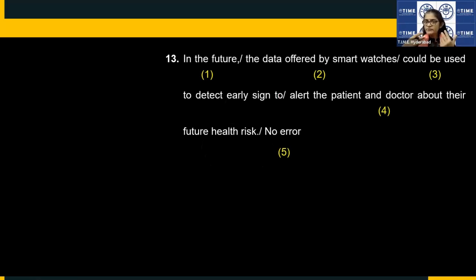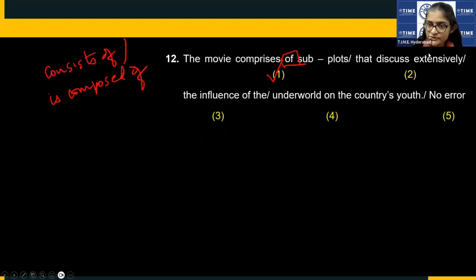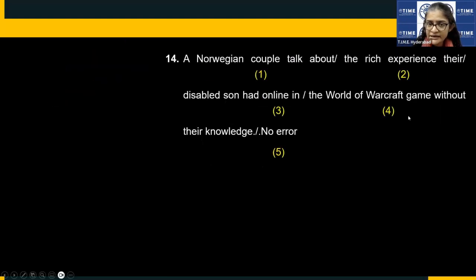But here, data offered by smartwatches could be used to detect any signs of health risks, right? So, early signs, not early sign. Okay, which part is this? Part 3. Error is in part 3. Be careful when you pick the part. Okay, you have to see where those slashes end and pick the right part. Don't get confused.